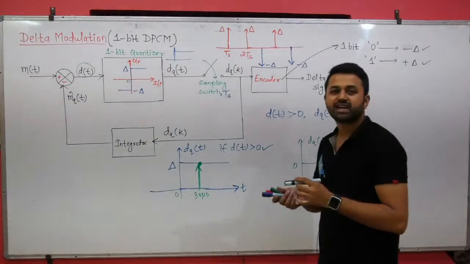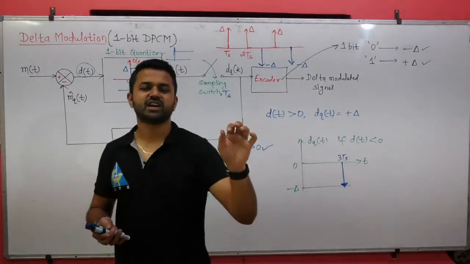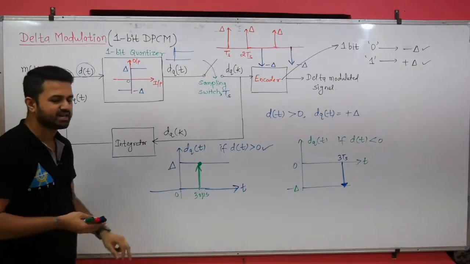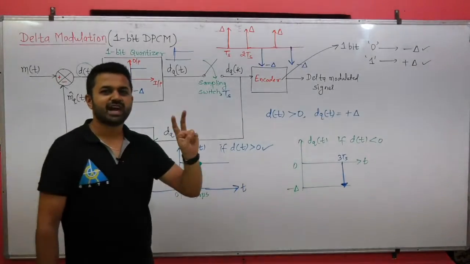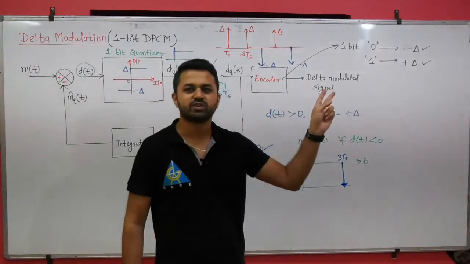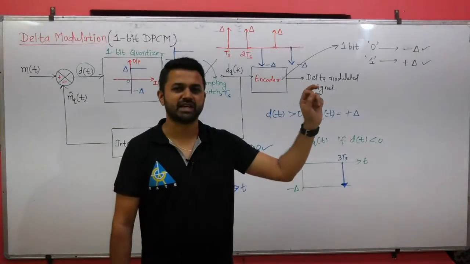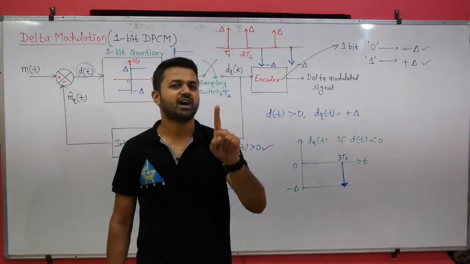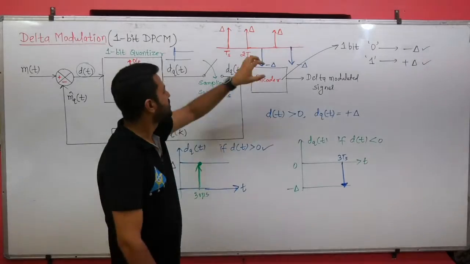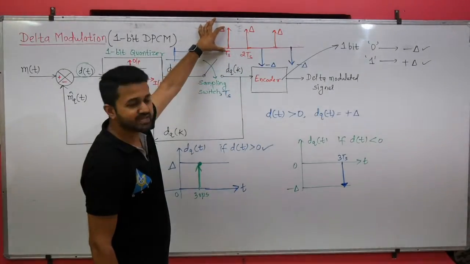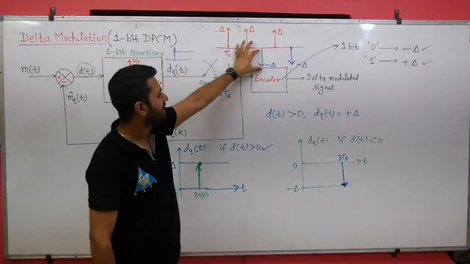So now we can say why we are calling it a one bit quantizer, because at the output of the quantizer and sampling switch we are having the impulse either plus delta or minus delta.